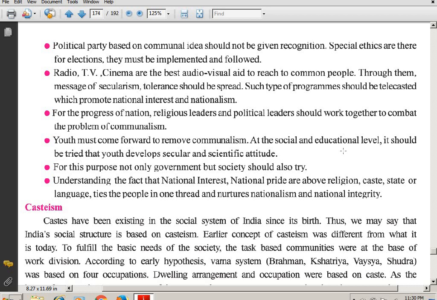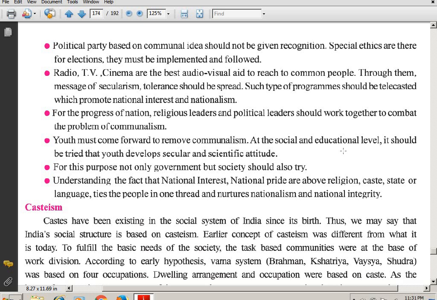Understanding the fact that national interest and national pride are above religion, caste, state or language ties the people in one thread and nurtures nationalism and national integrity. Very important point. So in order to keep the nationalism and national integrity, we should not be entertaining communalism.